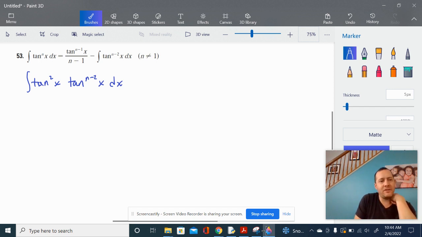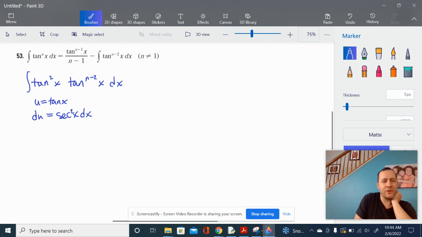How can I get a secant squared of x? If you see something, now's maybe a good time to pause it. If you need a little more, again, your u is tangent of x. So I got u to the n minus 2 du, secant squared of x dx. That's what we're going to use.